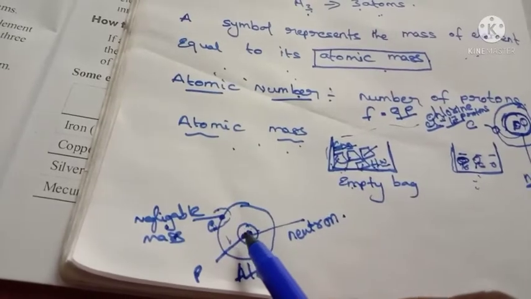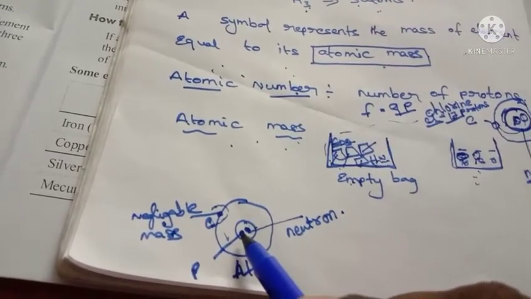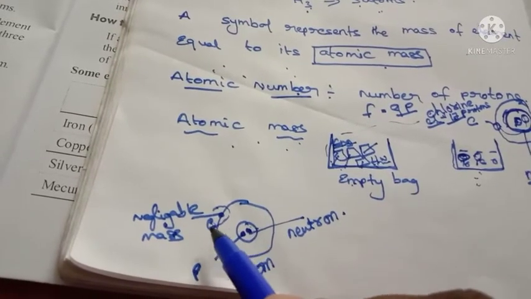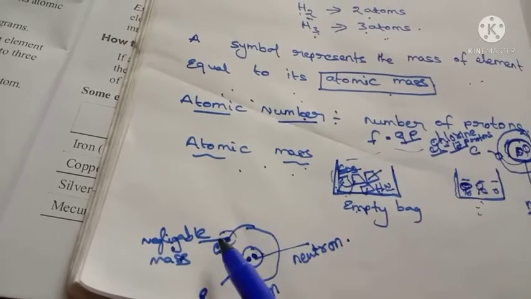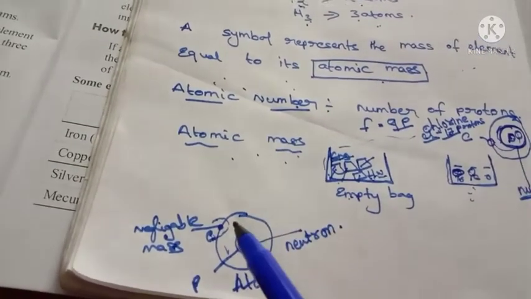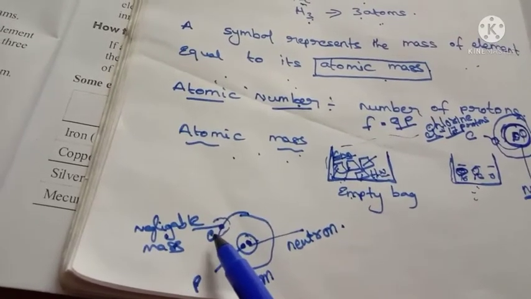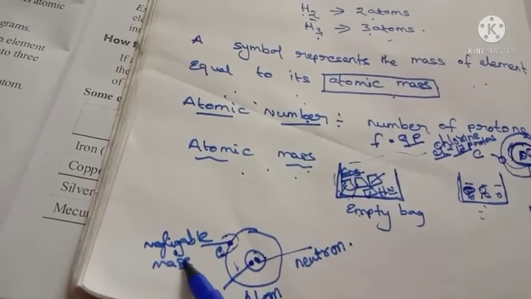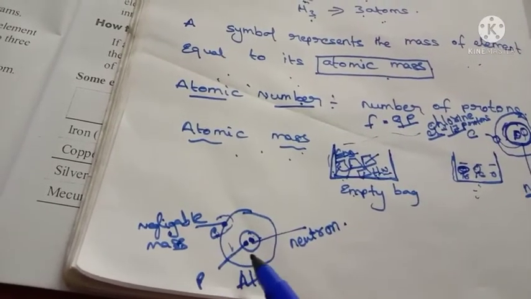Similarly, when you come to the atom, you have to take the mass of proton, neutron, electron. The addition of all these masses will get you the atomic mass. But in practice, the mass of electron is negligible. So you are neglecting the mass of electron.